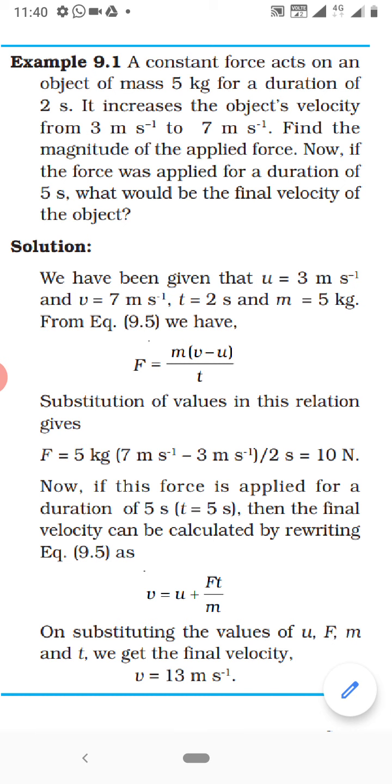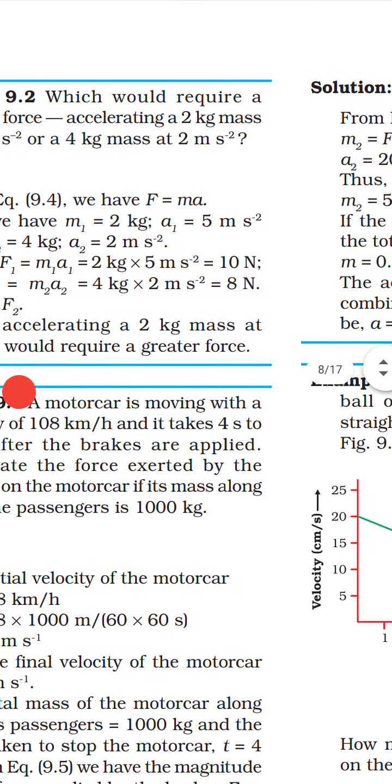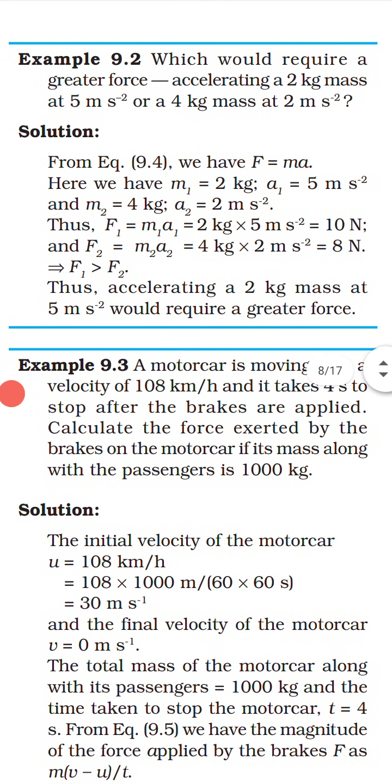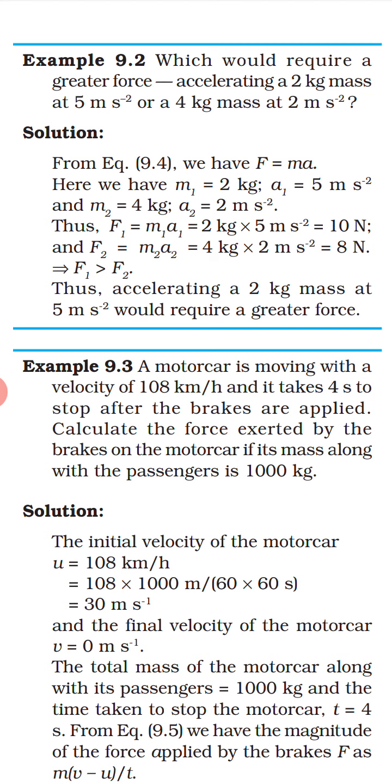Now comes example 9.2. Look at the screen also. You can see the numerical. Which would require a greater force? Accelerating a 2 kg mass at 5 meters per second square or a 4 kg mass at 2 meters per second square? Here what is given? Mass and acceleration of two objects.